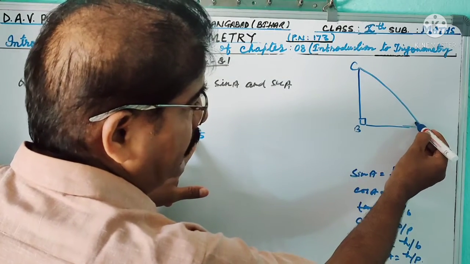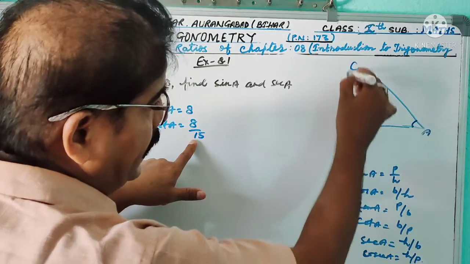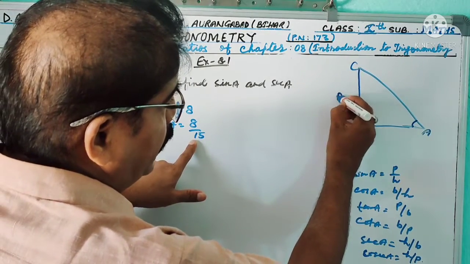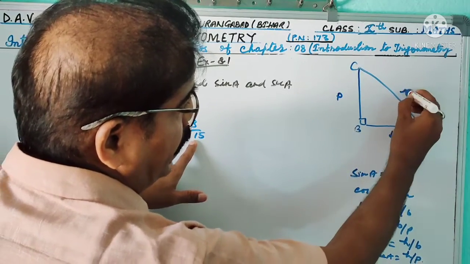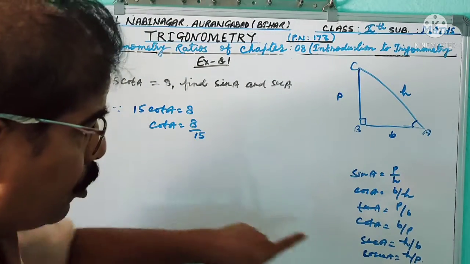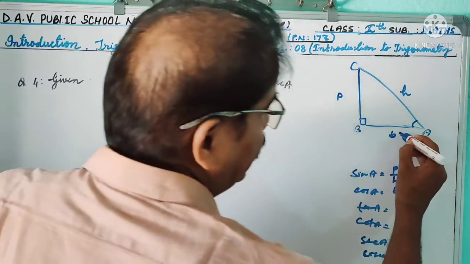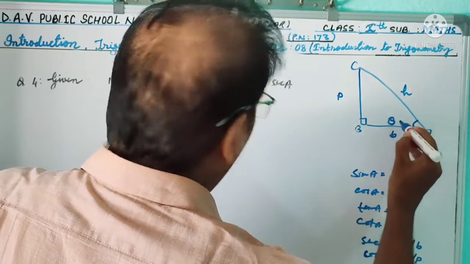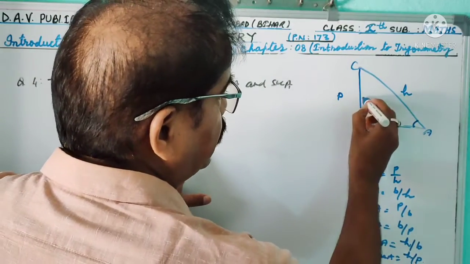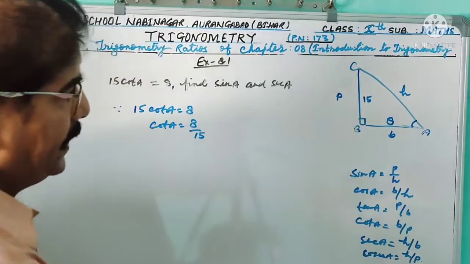Cot A, this angle. So side opposite to angle A is BC, that means perpendicular, and here base, and here hypotenuse. So cot A equal to B by P. So here B is 8 centimeter and P is 15 centimeter. So first you find H, that is AC.